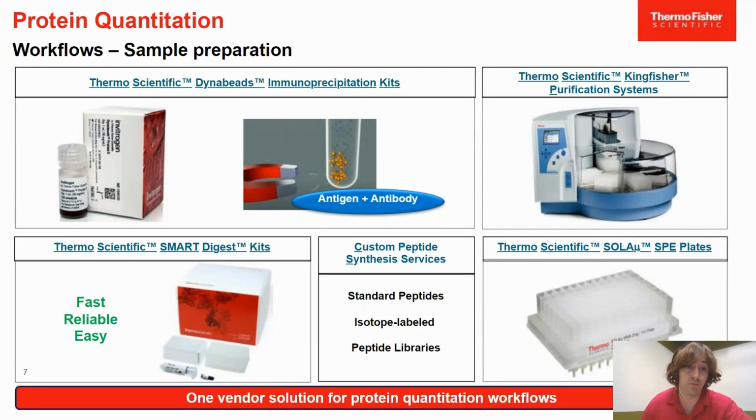There are also numerous products you can use for sample preparation, which includes a variety of Dynabead immunoprecipitation kits that are available to allow the enrichment of proteins. So basically pulling your proteins out from the rest of the sample to create a purer thing for analysis.